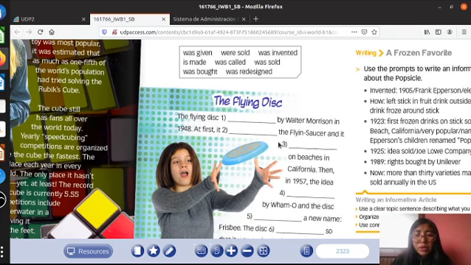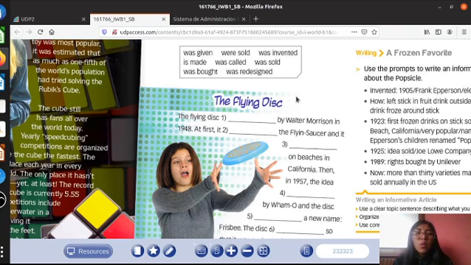What can we use here? ¿Qué podemos utilizar aquí? Okay, at first, it was called the flying saucer and it was sold on the beach in California. Okay, it was sold on beaches in California.